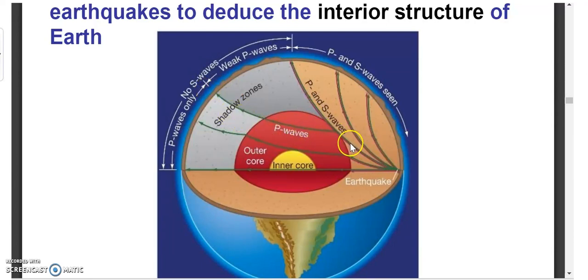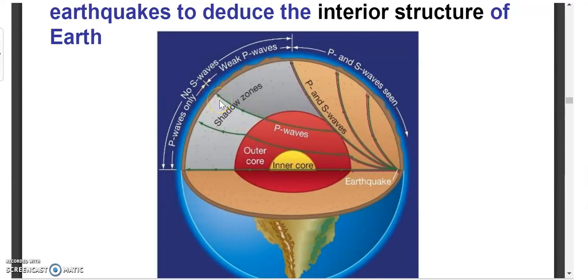Now take, for example, the opposite side of the planet from where this earthquake is. Well, the S and P waves would have had to travel through the outer core, which is liquid. We know that it's liquid. Why do we know it's liquid? Because the S waves can't pass through. The P waves pass through no problem, and we know how fast they travel, so we can figure out what time they left that particular earthquake and how long it takes to get there.